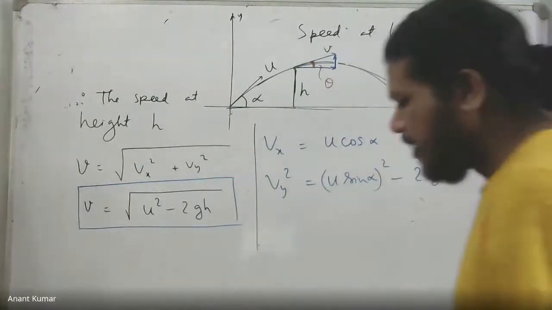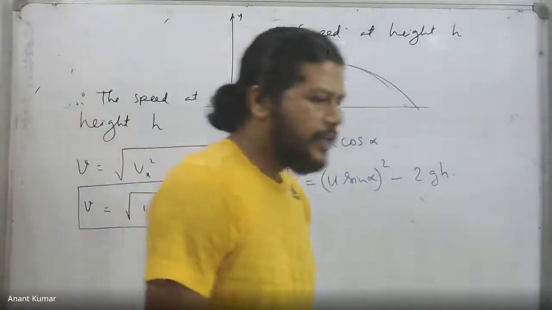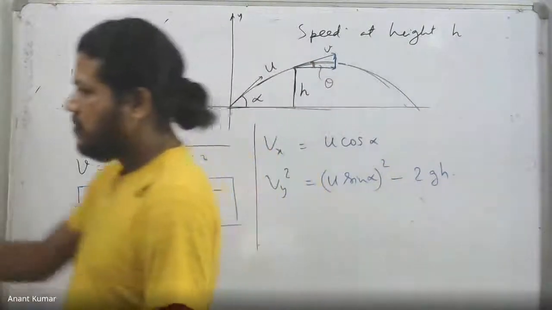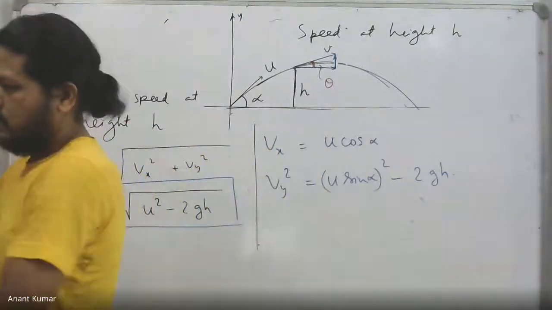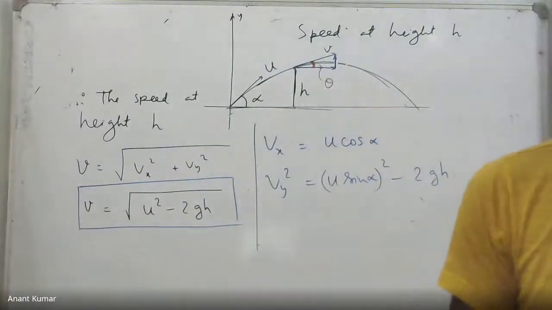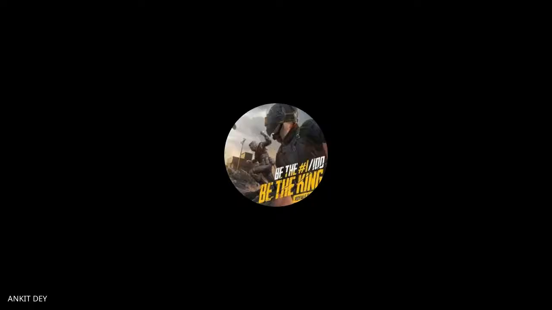Because what about tan theta, by the way? Can you find tan theta as a function of height h? Sir, root over of u sin alpha square minus 2gh divided by u cos alpha.